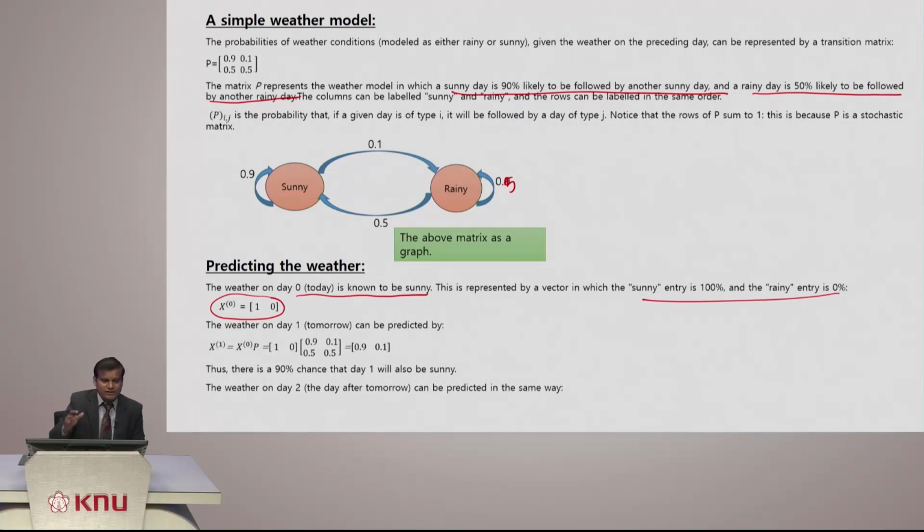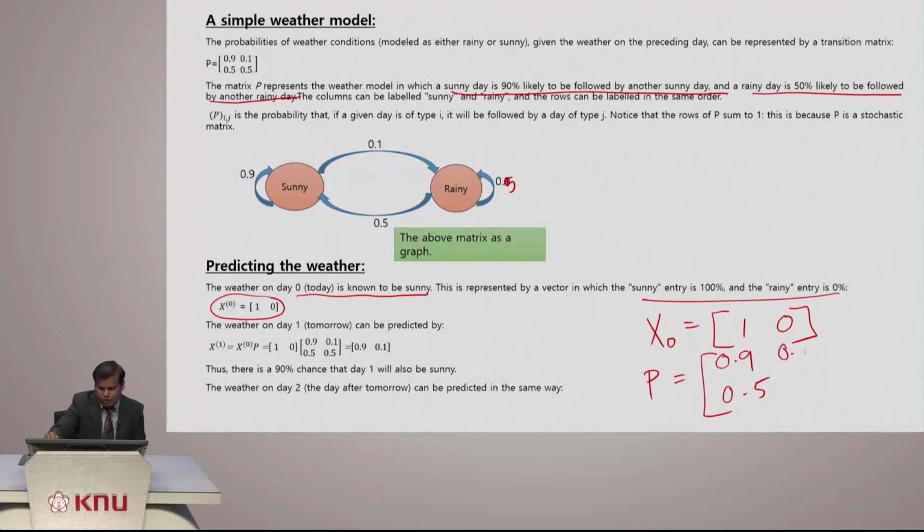Initially, in the previous example, we talked with the column format. Now we are talking about row format. So that's why here x naught is a vector with 1 and 0. We have shifted this in this form, so that the P here has been shifted in the row form as well, like 0.9, 0.5, 0.1, 0.5.